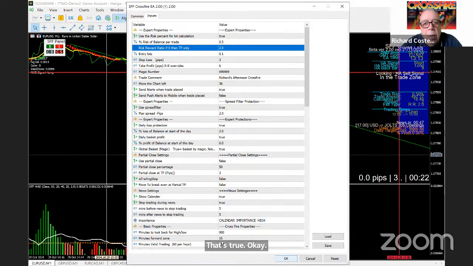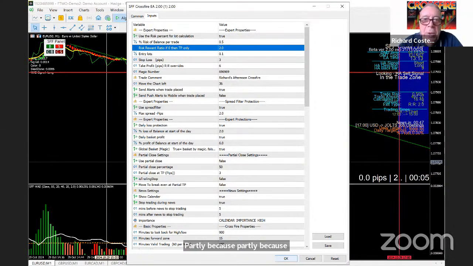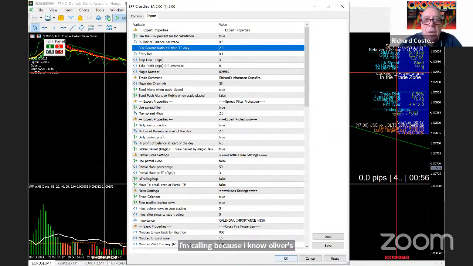I'm focusing more on getting the trading assistant to work and not being too concerned about the actual amounts of profit and loss that the trading assistant is giving me, partly because it's more important to get it to work and then play around with the numbers, and partly because I know Oliver's already been asked to look at it, and he's far better at that than I am.